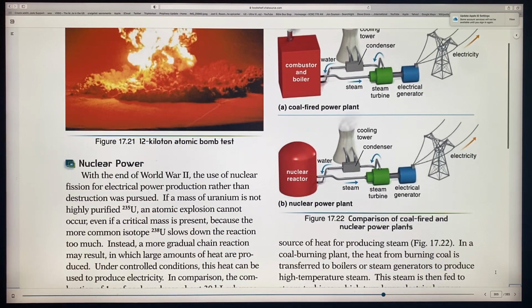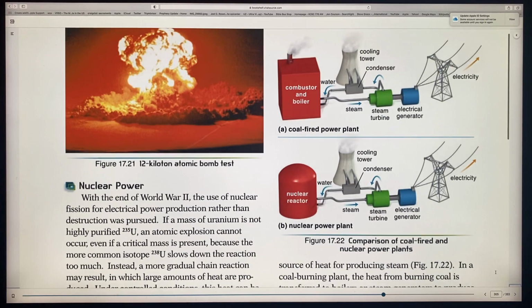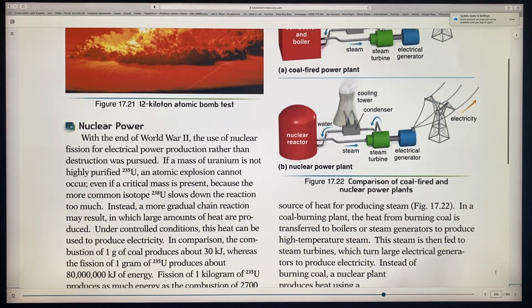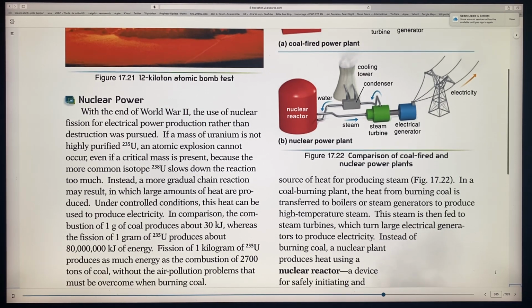So now let's talk about the good side of nuclear energy, and that would be nuclear power. After the end of World War II, the use of nuclear fission for electrical power production was pursued.